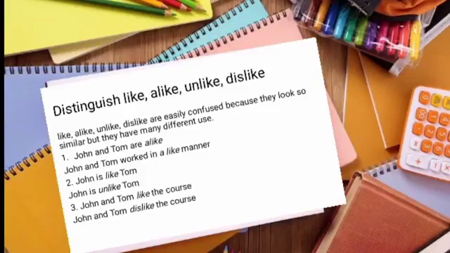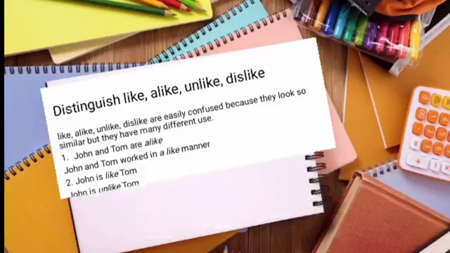Let me explain the examples. In the first example, the verb like follows the subject Tom and John. It means that both of them think that the course is enjoyable. But in the second example, the verb dislike, related to the subjects John and Tom, means that both of them think that the course is not enjoyable.